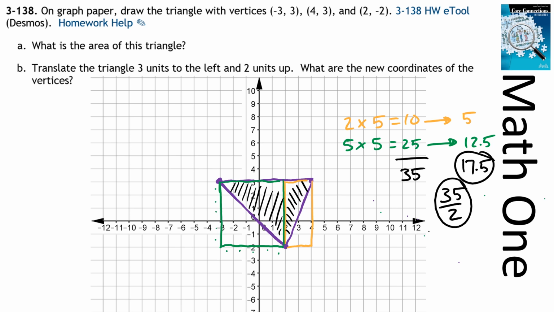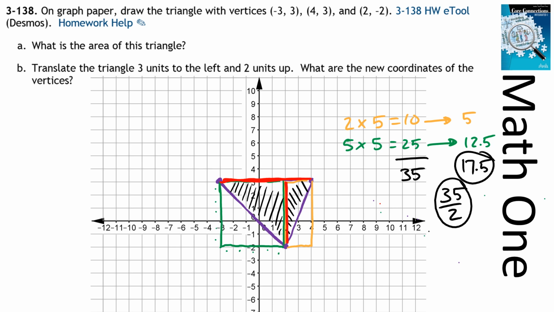Another way you might want to look at that is if you consider this the base of this triangle and this line the height of the triangle, we can multiply the base times height. But if you think about that, what we're finding is the area of that entire rectangle. We're finding the 35, and then we're going to take half of that again.